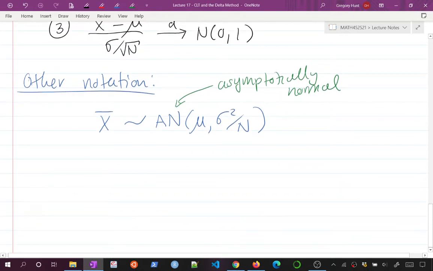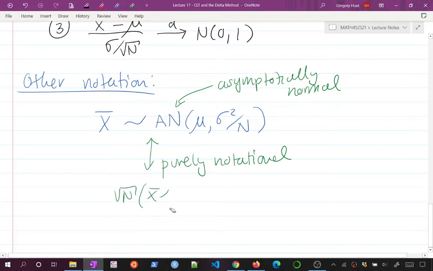But this is purely notation for the CLT, right? If I write x bar is asymptotically normal with a mean mu and variance sigma squared over n, what I mean is that root n times x bar minus mu over sigma converges in distribution to a standard normal. So it's purely notational.